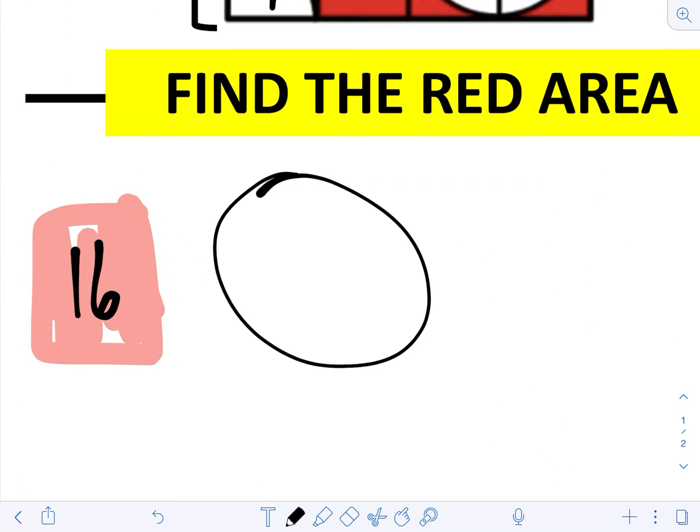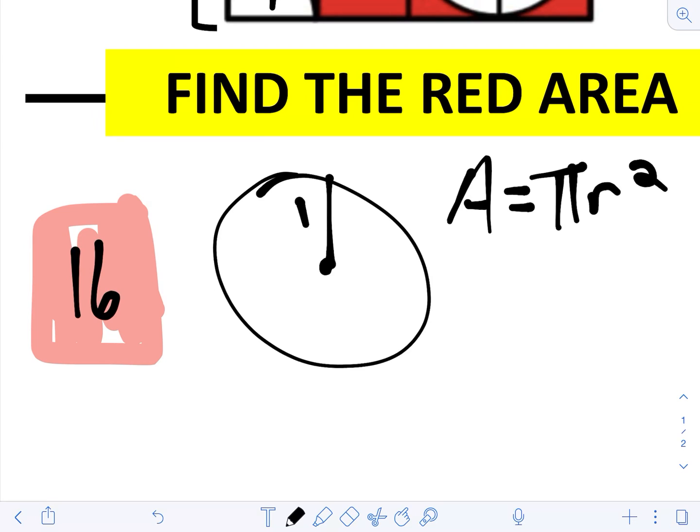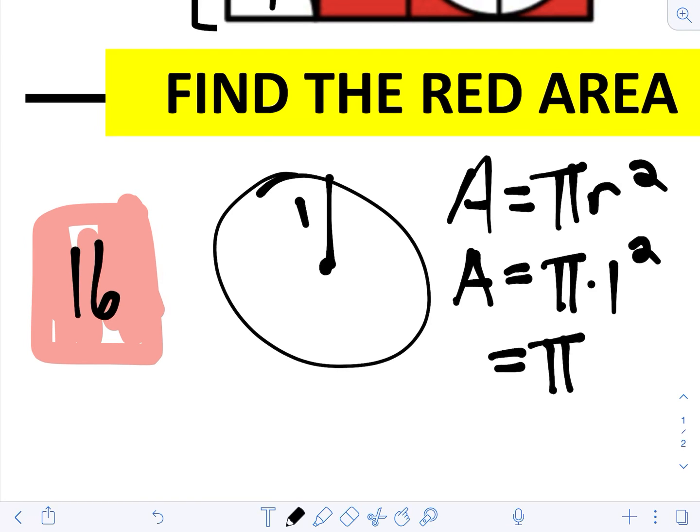So what's the area of a big circle with a radius of 1? Well, I know area is pi times the radius squared, and I know the radius is 1. So area is pi times 1 squared, which is just pi times 1, which is really just pi, or 3.14.